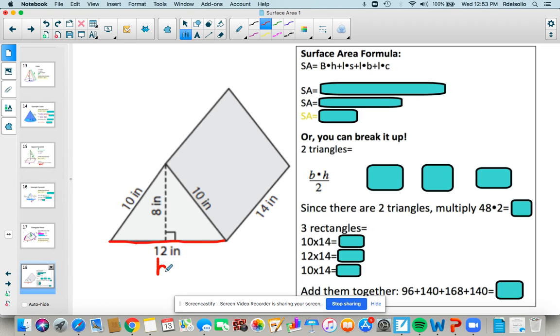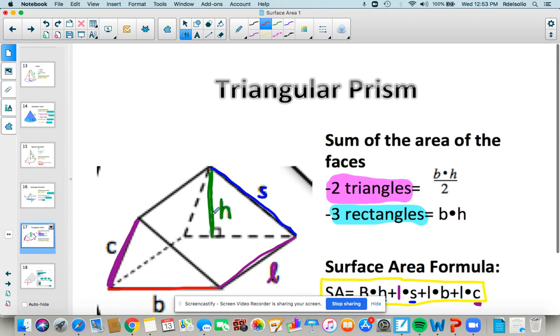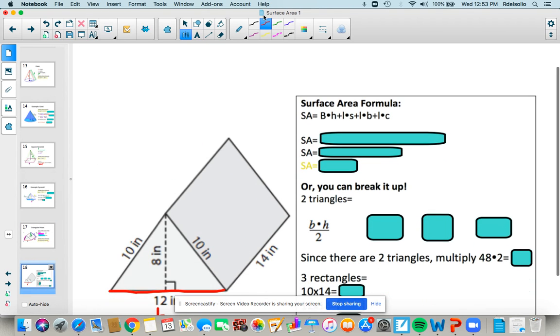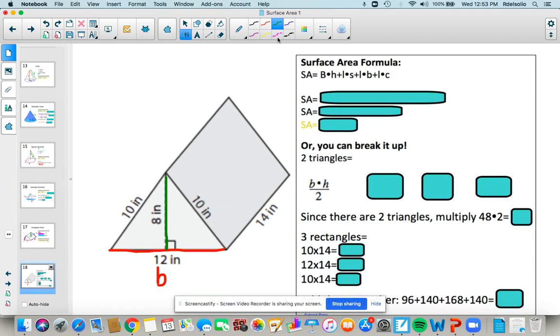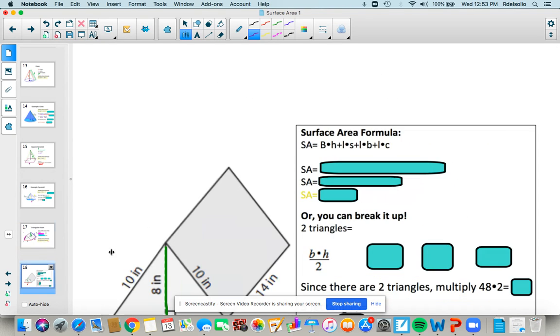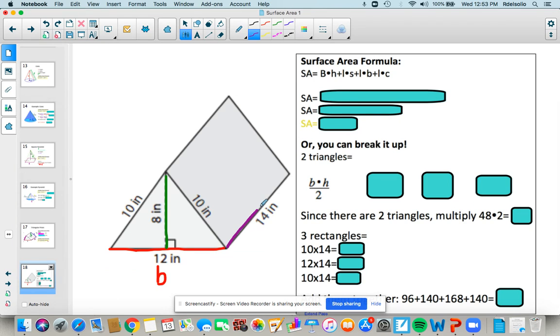So 12 is B. Our height is how tall it is, that vertical line. So our height here is 8. Then we can do our slant height. If you see that L, it's in purple on the right. So we have 14 for our slant height.